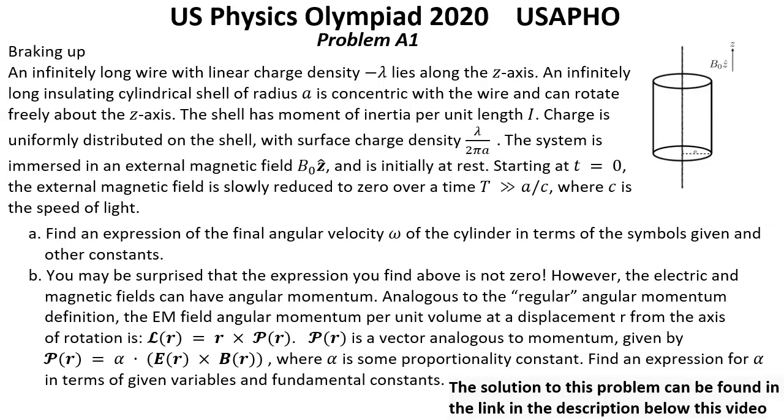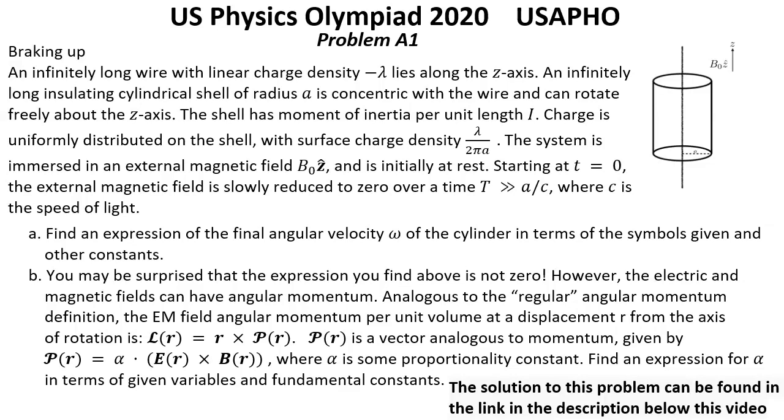You may be surprised that the expression you found above is not 0. However, the electric and magnetic fields can have angular momentum. Analogous to the regular angular momentum definition, the EM field angular momentum per unit volume at a displacement r from the axis of rotation is the cross product of r and P as a function of r.